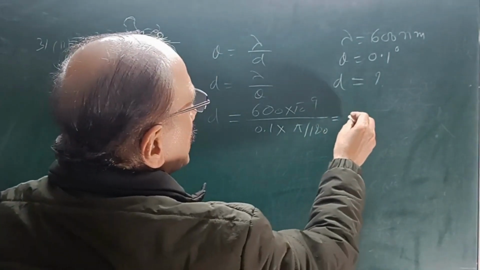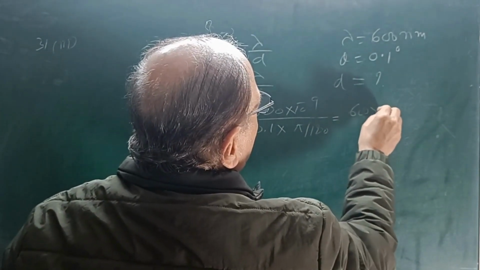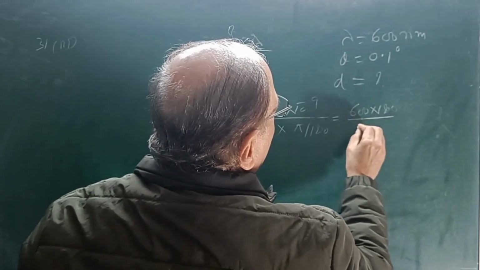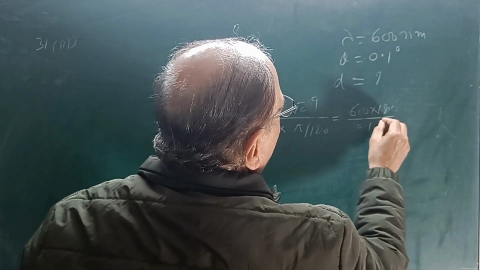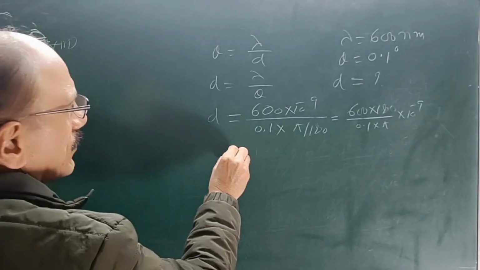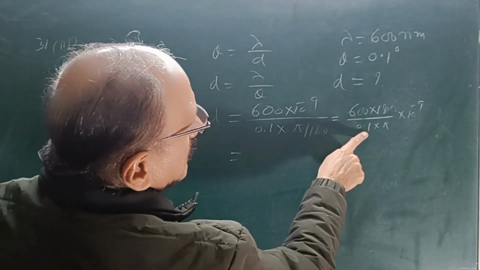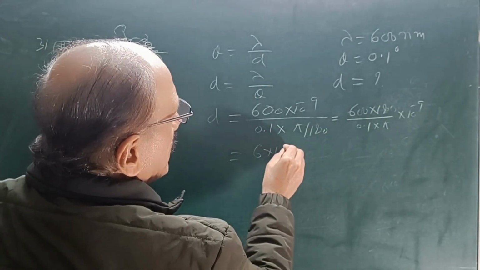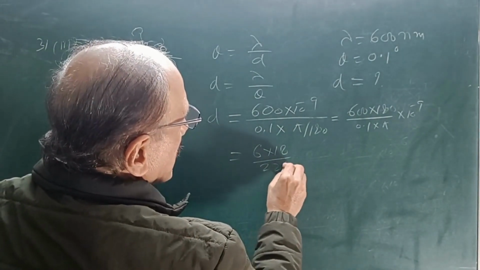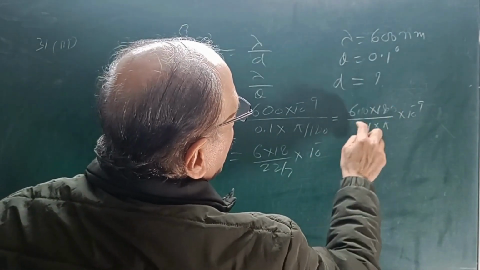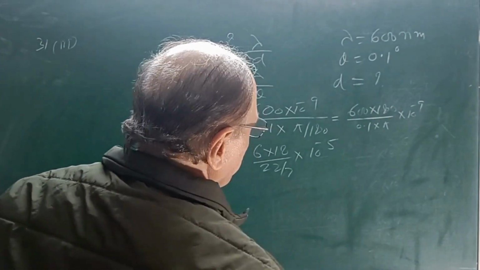So this will be equal to 600 into 180 upon 0.1 into pi into 10 to the power minus 9. That will come to be 6 into 18 divided by 22 by 7 into 10 to the power minus 5.